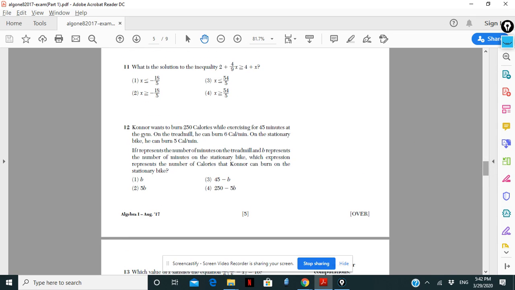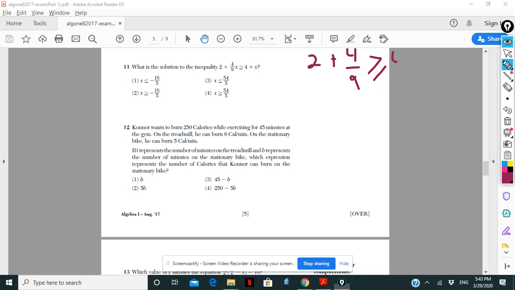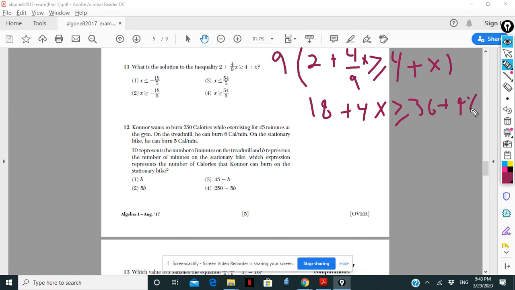Question number 11. You want me to solve this inequality? So 2 plus 4x over 9 is more than or equal to 4 plus x. My first step, I have to get rid of the denominator, so I multiply by 9, I get 18 plus 4x more than or equal to 36 plus 9x.